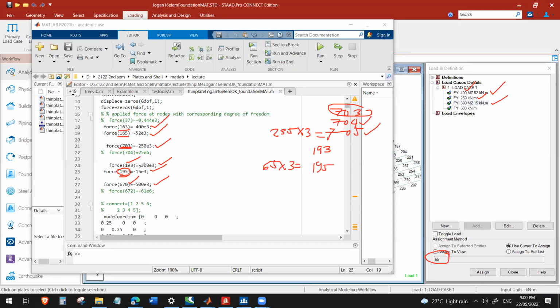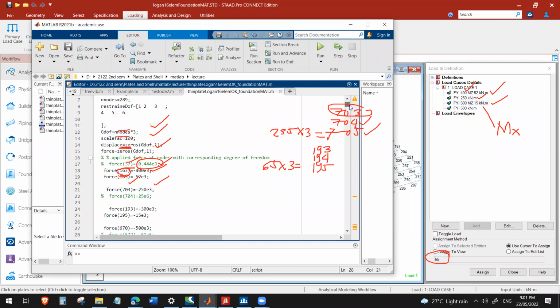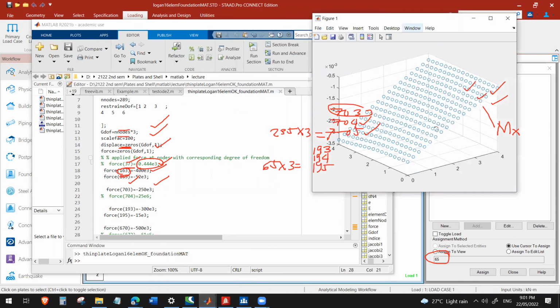That's why the 300 kilonewton is applied at 193. So the mx moment would be at degree of freedom 194 if you have a load mx. So basically that's the only modification in the code. The rest is the same. So let's run this, and this is our corresponding deformation.